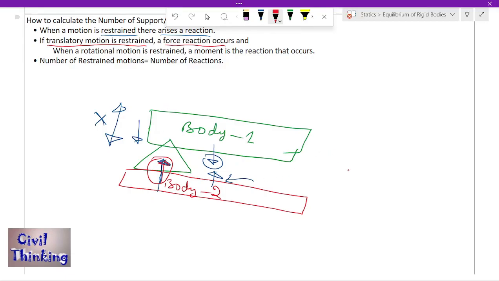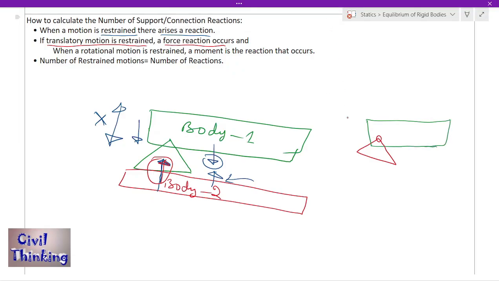Now let me show you: when a rotational motion is restrained, a moment is the reaction that occurs. Let us say you have a pin support here. Now this is the pin.